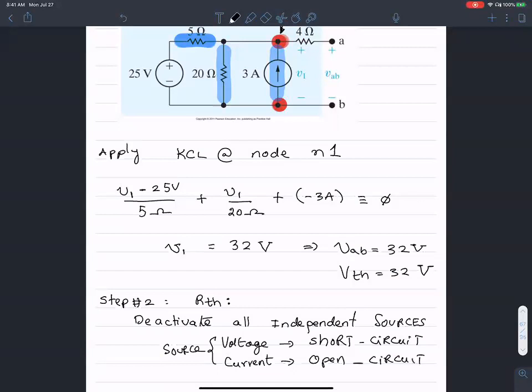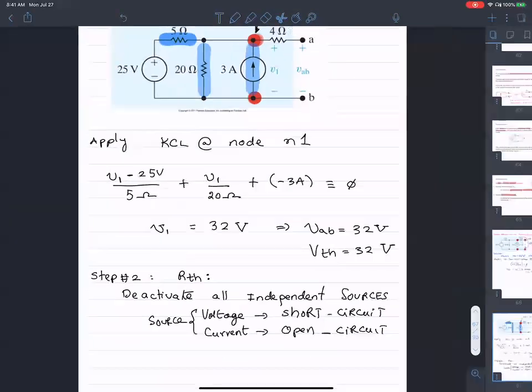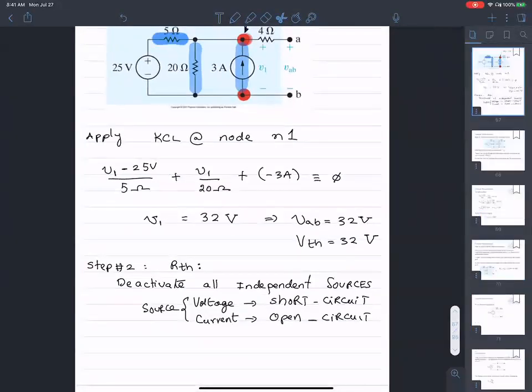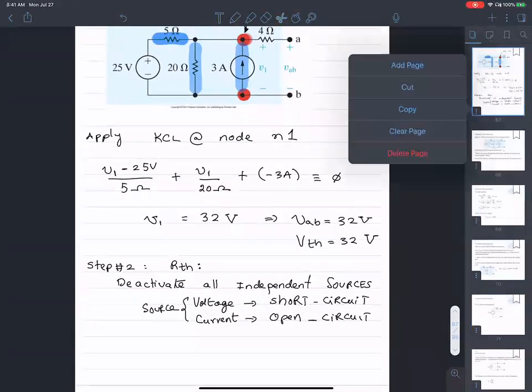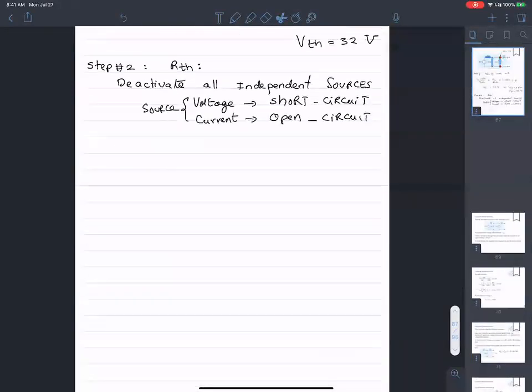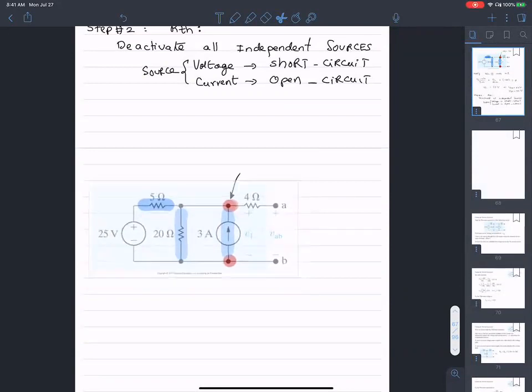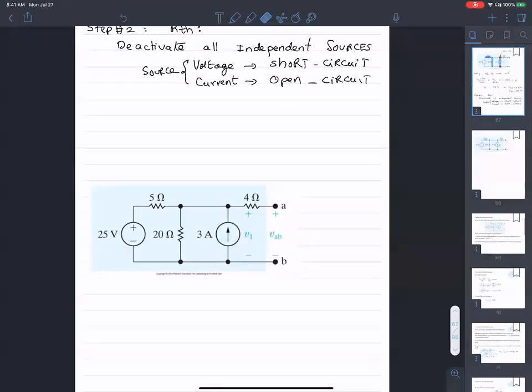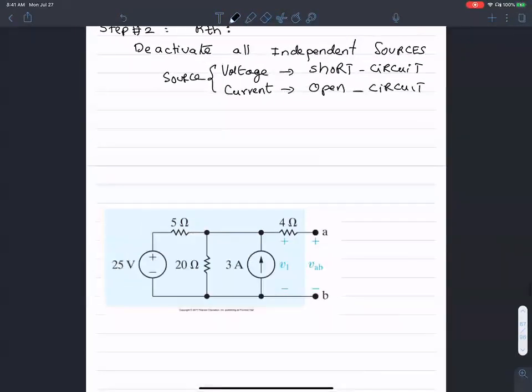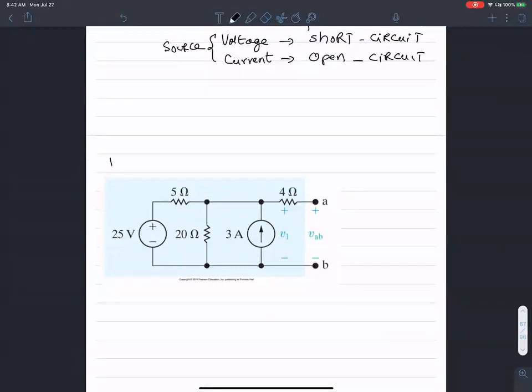Let me show that with this example. Let me add a page here. For the circuit given here, I found Vth to be 32 volts simply by applying KCL. Now what I want to do is find RTh.